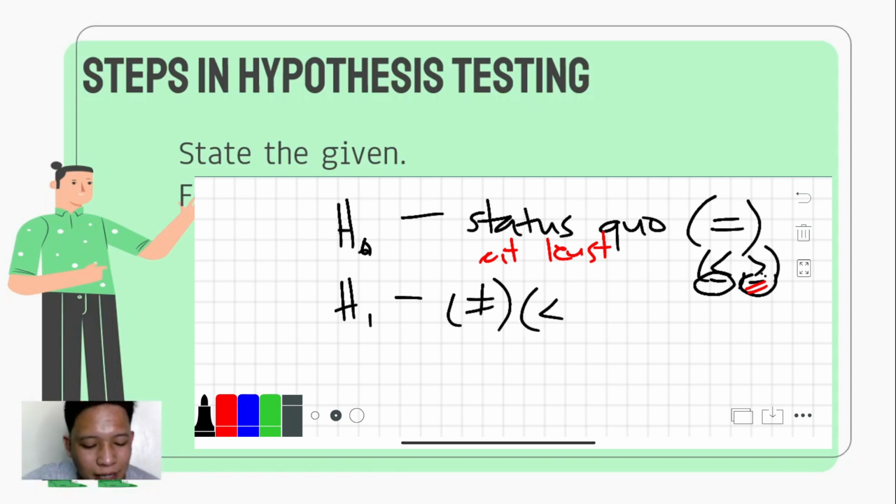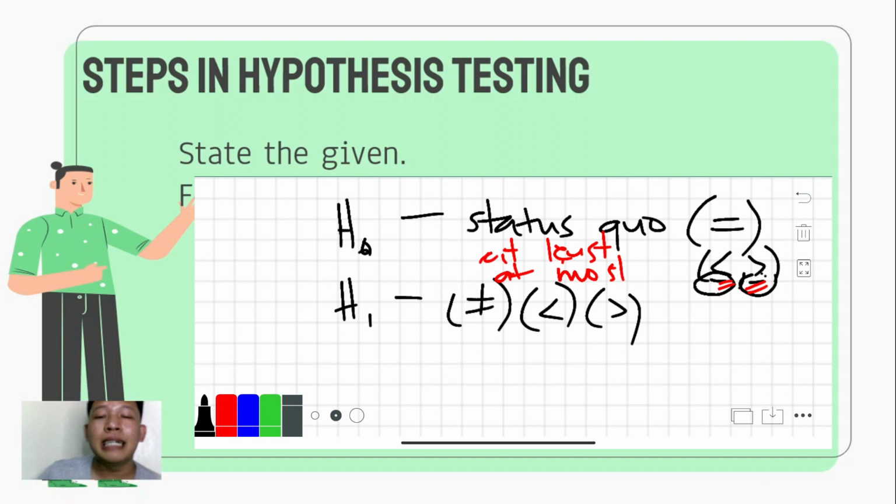So that would be less than. But kapag ang null hypothesis naman natin is at most, ibig sabihin less than or equal to. Yung kanyang counterpart or yung kanyang complement would be our alternative hypothesis, which is greater than. Alright, so that's how we formulate our alternative and null hypothesis.